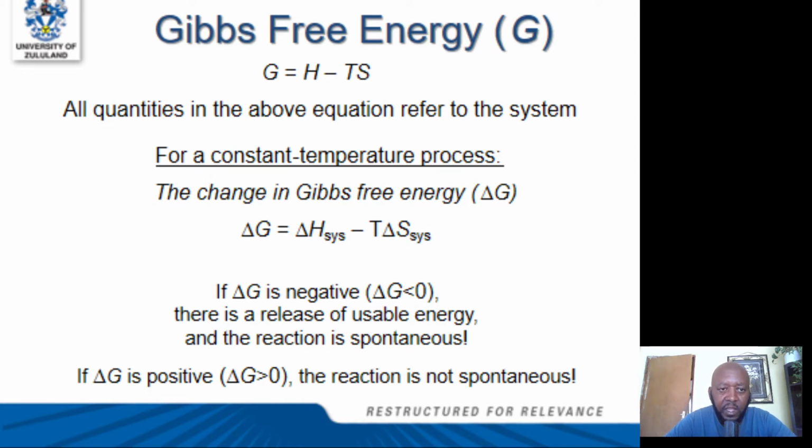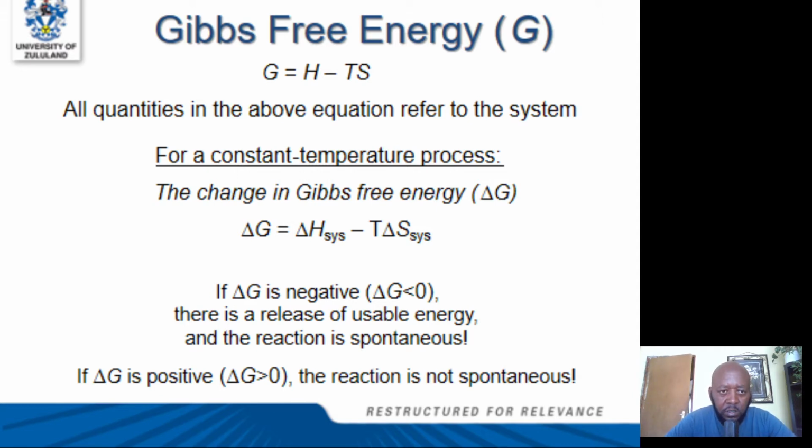Let us not forget that the capital letter H represents the enthalpy of the system, whereas delta S represents the entropy of the system. From this equation, we can calculate the Gibbs free energy of the system. If the question says calculate the Gibbs free energy of the system, it means we have to utilize this equation.